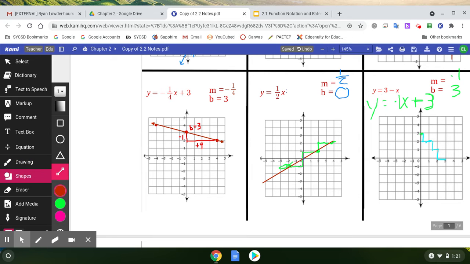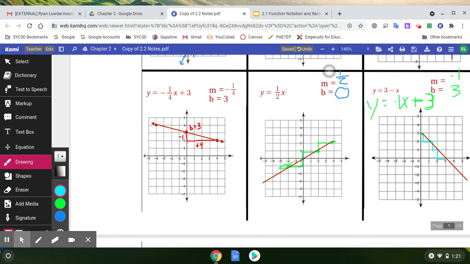And that's going to allow me to create my straight line going through all of those points. Now notice, since our slope is negative, we're actually decreasing, and that's why the line is trending downwards, as opposed to the previous graph. Since our slope was positive, our line was trending upwards because it was increasing from point to point.